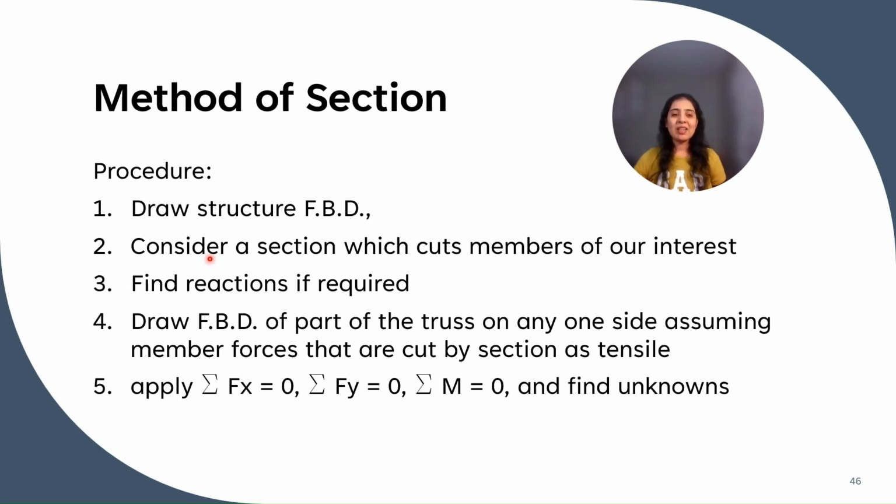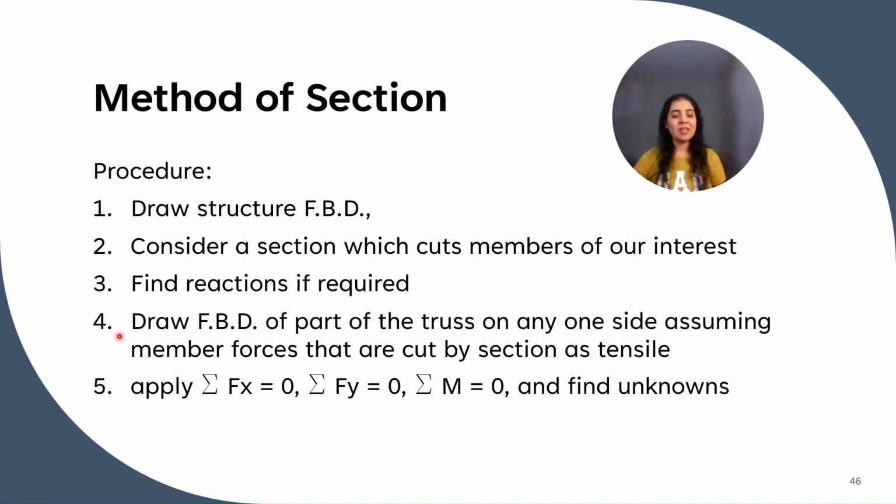Now, consider a section which cuts members of our interest and find the reactions if required. You have to consider the section such that it involves minimum number of unknowns.